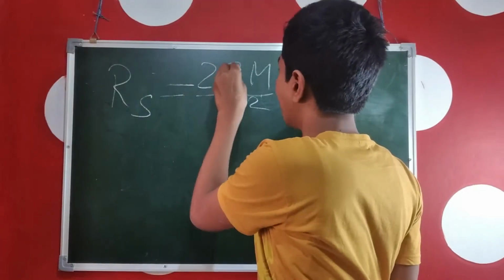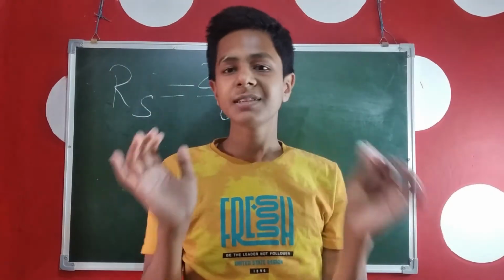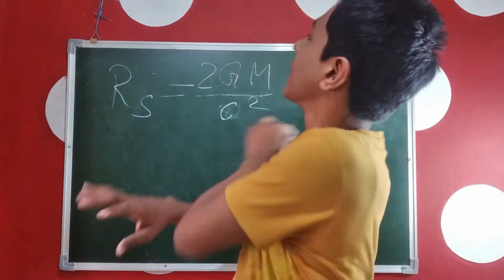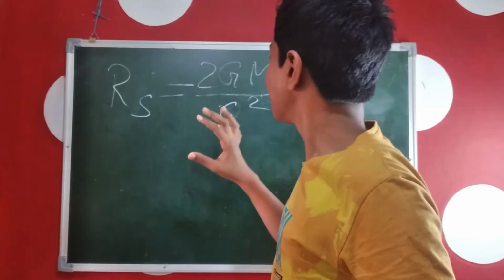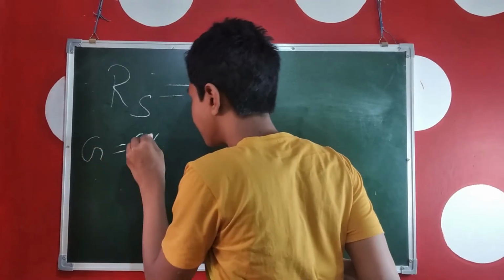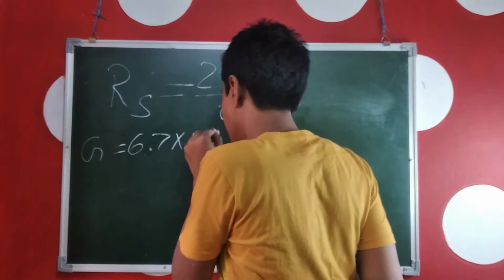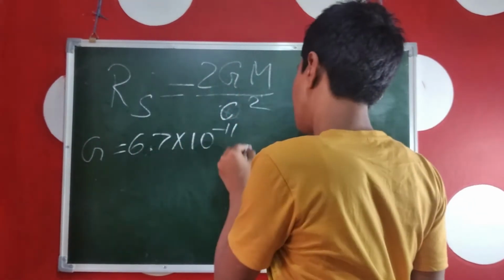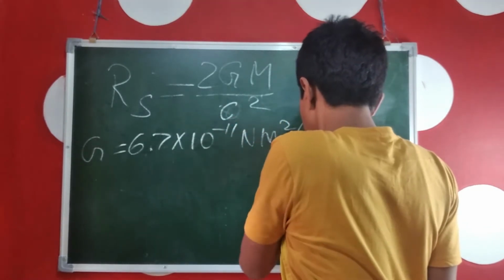So 2 into gravitational constant. First of all, let me let you know that we are calculating an approximate value. We're not going very accurate, because when we go very accurate, it will take a lot of space and a lot of time to calculate. So we are taking an approximate value of G, which is 6.7 into 10 to the power minus 11 Newton meter square per kg square.